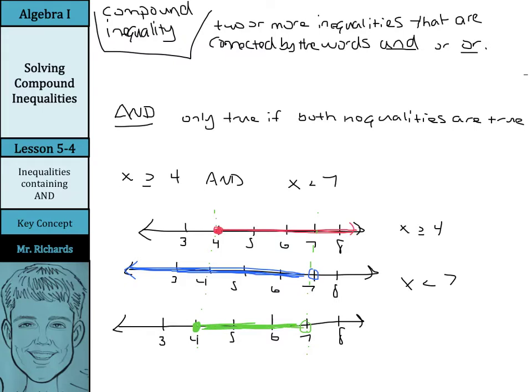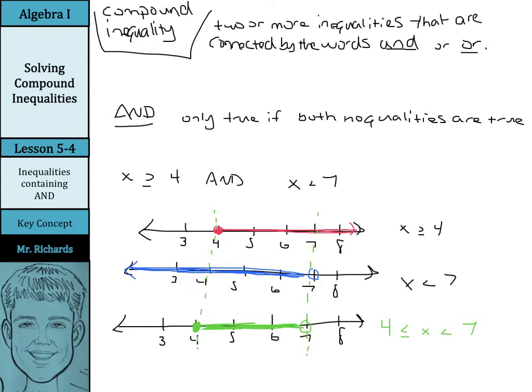So this basically is the statement 4 less than or equal to x less than 7. This can be read x is greater than or equal to 4 and less than 7, or we could say x is between 4 and 7, including 4, since we have the or equal to.